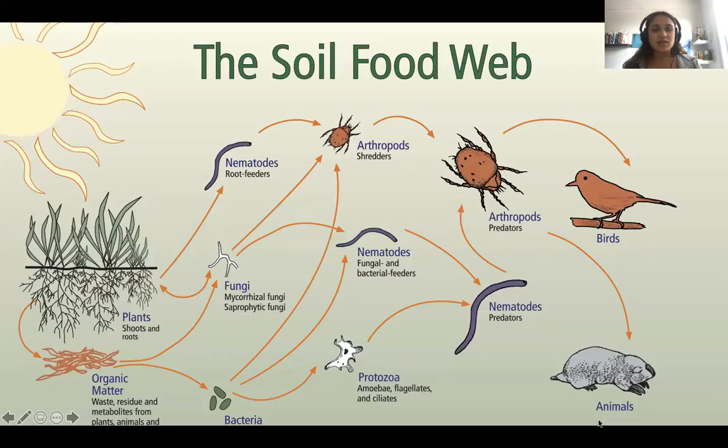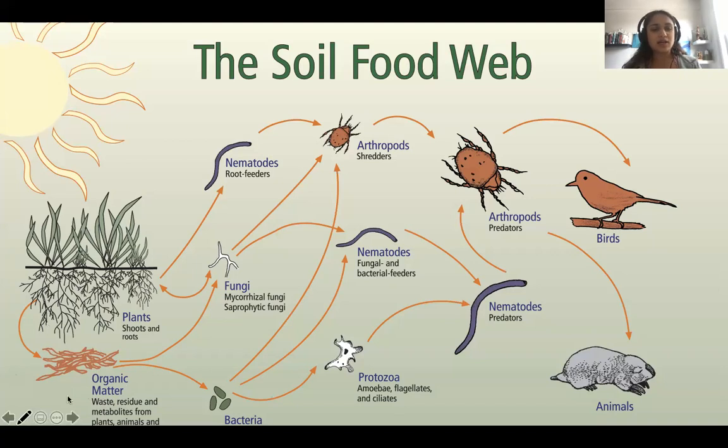So let's take a little bit more of a deeper dive into this. When we talk about the soil food web, we can think of it all starting with, for example, plants, and it's circular and connects back to plants. If we start with plants, it all starts with the shoots and roots of these plants, which provide organic matter. This organic matter is the form of waste, residue, and metabolites from plants and animals.